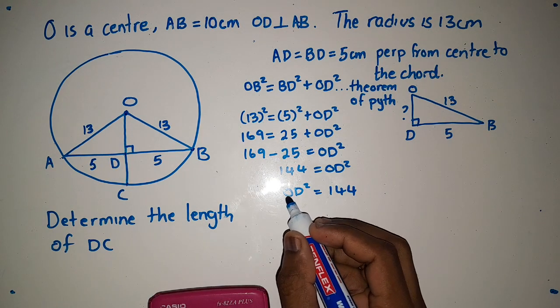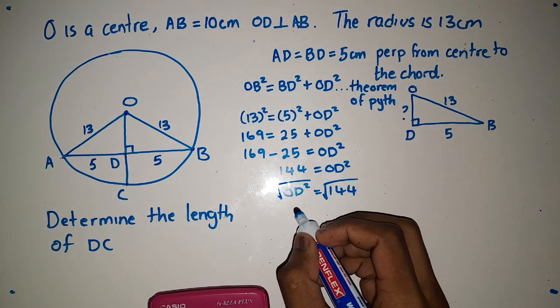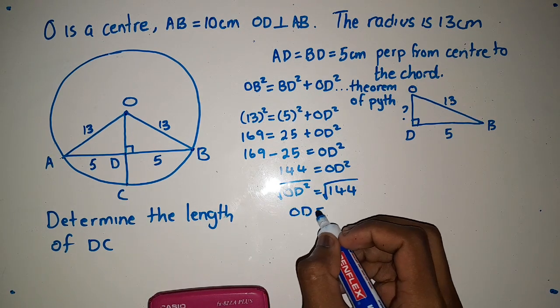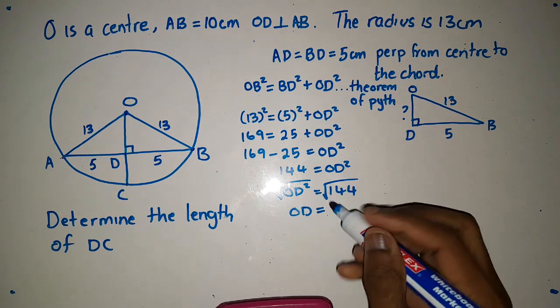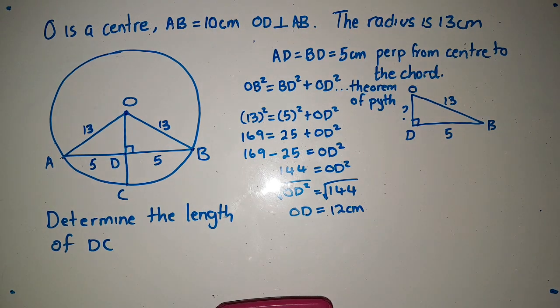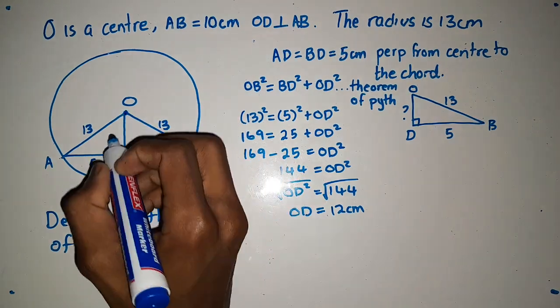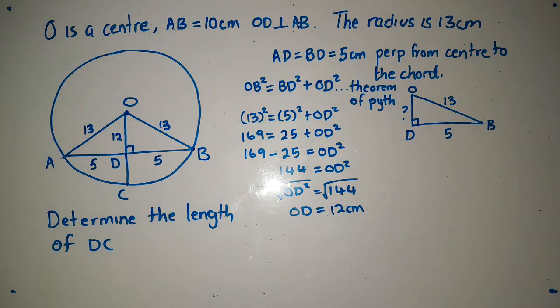Now, for us to get OD, we need to take the root both sides. Then our OD is going to be equal to 12 centimeter. Now we know that our OD is going to be 12 centimeter.